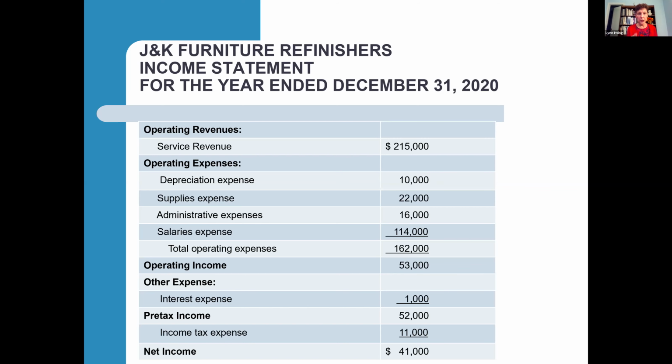Now, be aware that that net income number is not a cash number. It's an accrual number. That $41,000 did not mean that you collected $41,000 in cash during the year ended December 31st. Because inside of that service revenue of 215 might be some sales or some services that you have provided where the customer hasn't paid you yet, right?